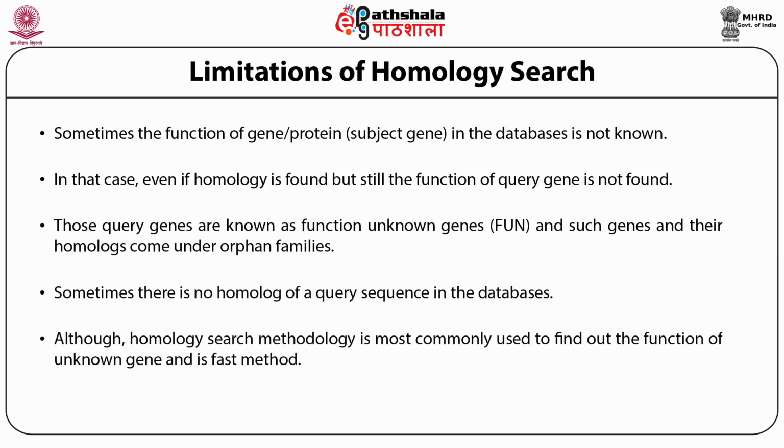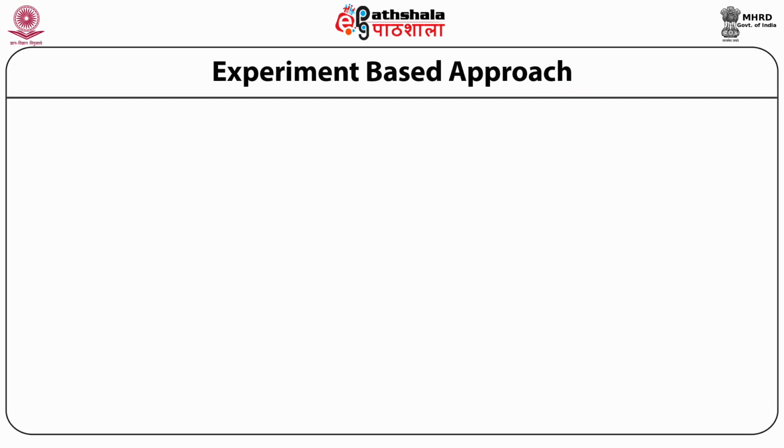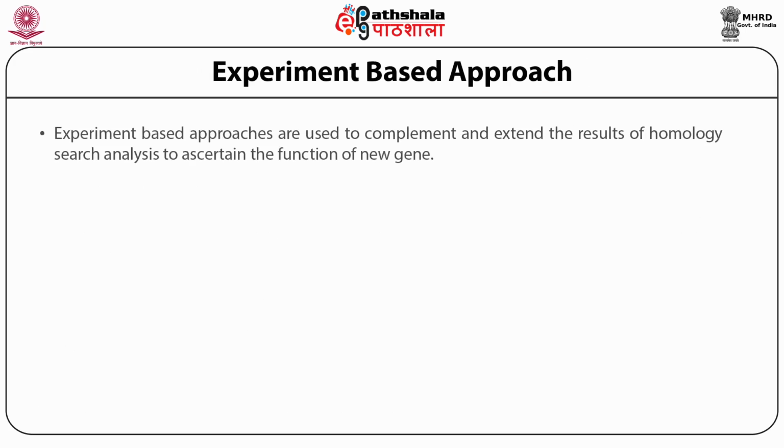Although the homology search methodology is most commonly used to find out the function of an unknown gene and is a fast method, there is a need to confirm the exact function of the gene, so experimental analysis is used. Experiment-based approach. Experiment-based approaches are used to complement and extend the results of homology-based analysis to ascertain the function of a new gene.